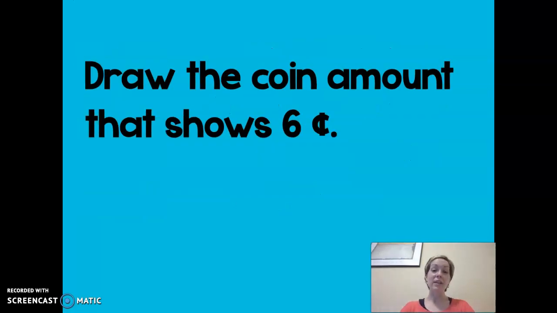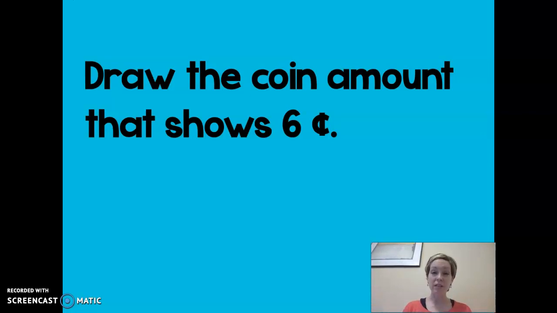So if I wanted to draw the coins that would show 6 cents. Now, 6 is just a 1-digit number. It only has ones, so I'm only going to use pennies. And how many pennies would I need? I know, right? I would need 6 pennies.